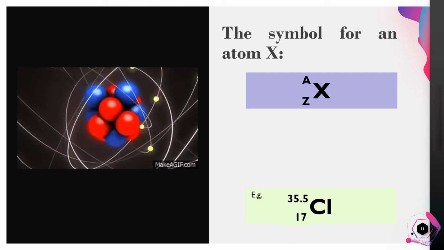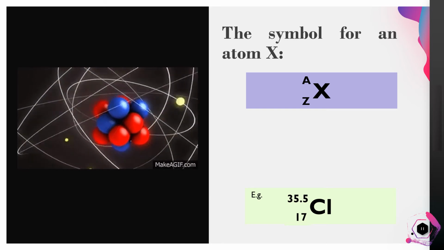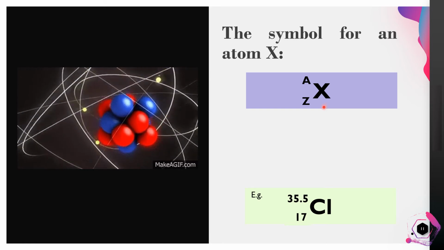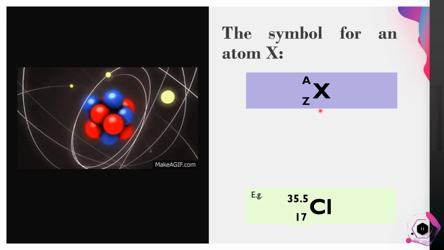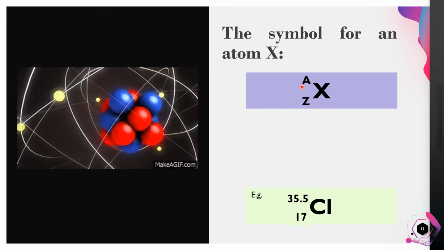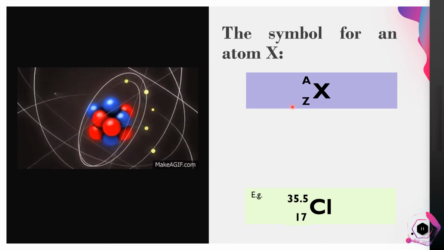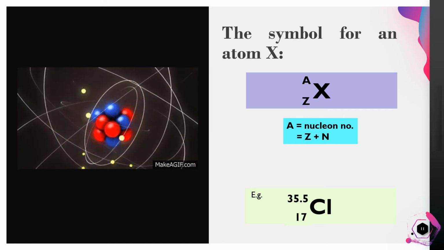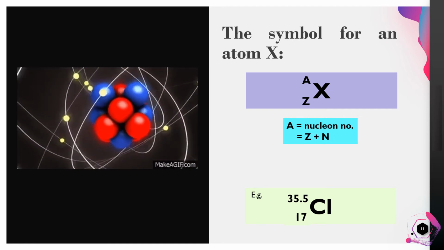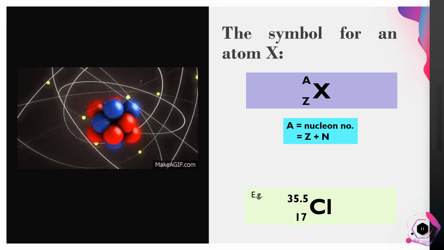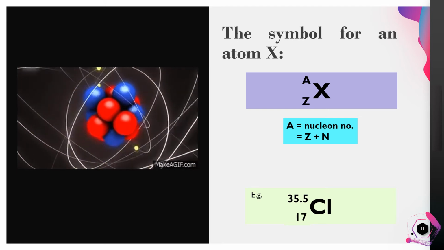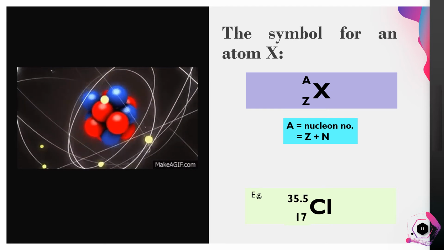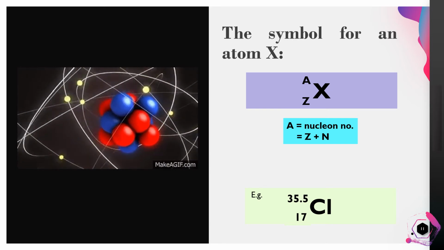As for the symbol for the atom, let's say element X, you have to write the symbol of the element X. Nuclear number is A, Z is the proton number, and A is Z plus N. For example, we have chlorine, where the nuclear number is 35.5 and the proton number is 17.